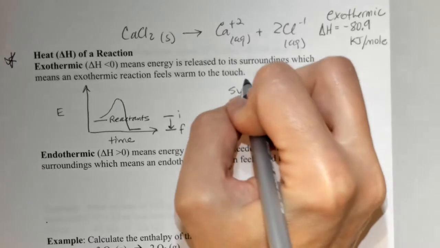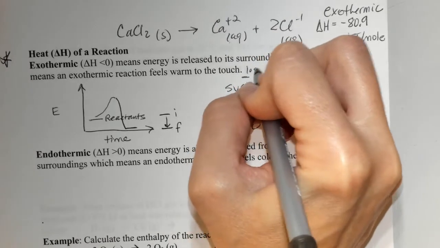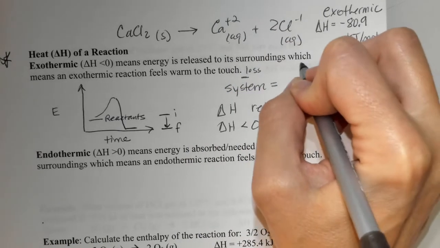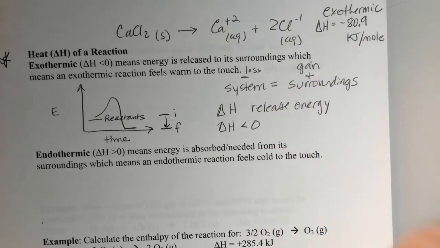So the system is going to have a loss of energy, and the surroundings is going to have a gain in energy. So when we did an exothermic reaction back in Intro Chem, we could feel the test tube getting warmer, and that's because the reaction that's taking place inside is releasing energy.